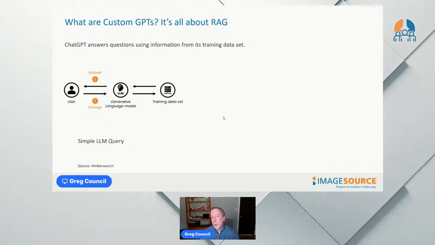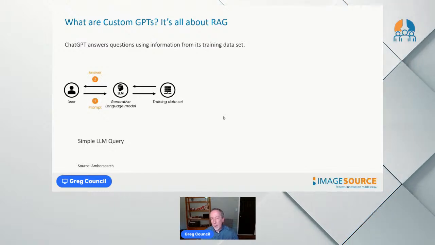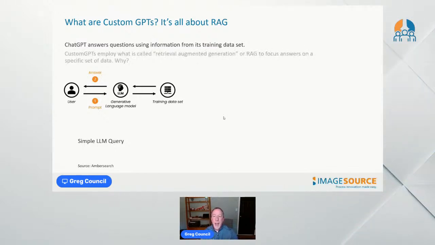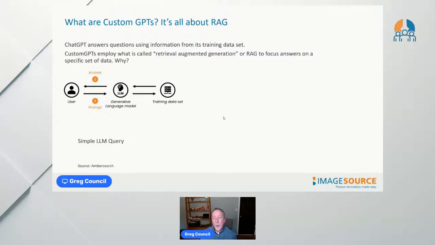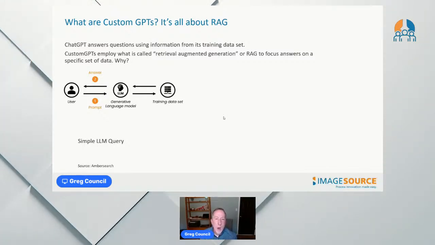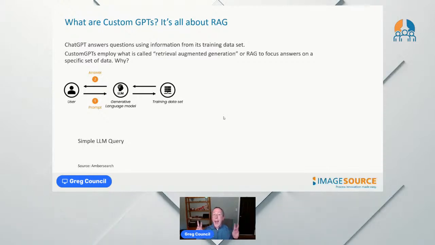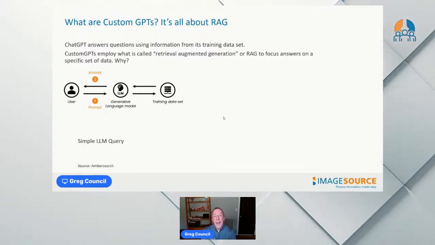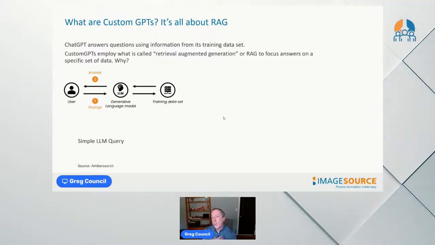But it's not really good enough when you're talking about using it in a more reliable way for your organization or business. And this is really where custom GPTs are employed. In most cases, it's using something called retrieval augmented generation, or RAG, to focus answers on specific corpuses of data, a very narrow set context.